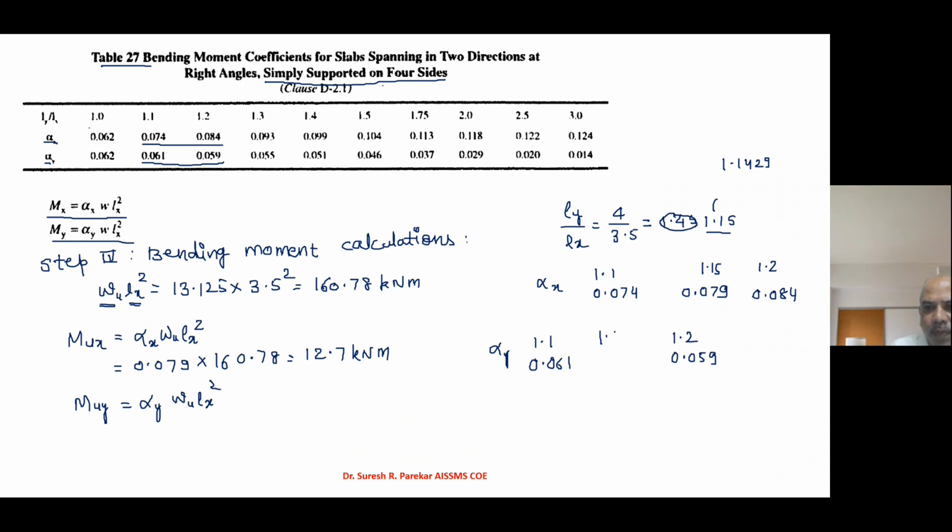Then for 1.15 this value becomes 0.060, the average of the two. Then 0.060 into 160.78, and we get this value as 9.65 kilonewton meter. So this is the fourth step, which is the bending moment calculation.